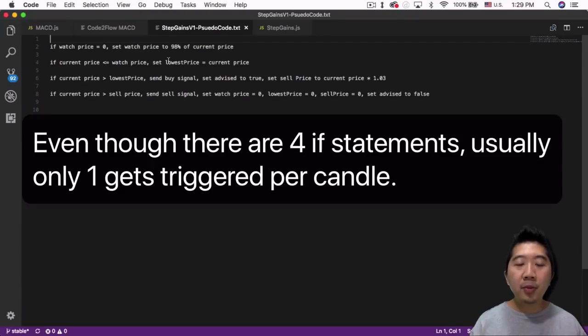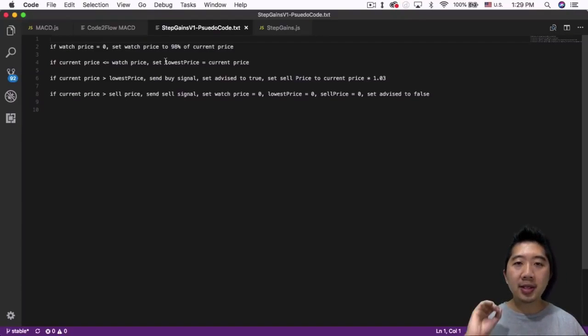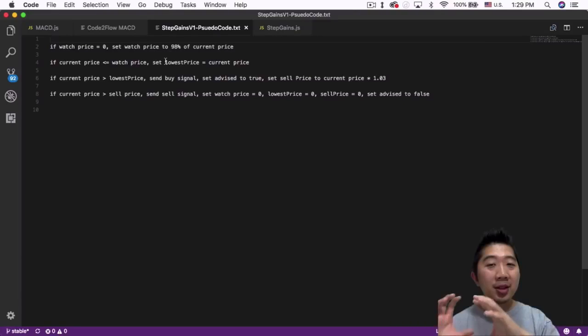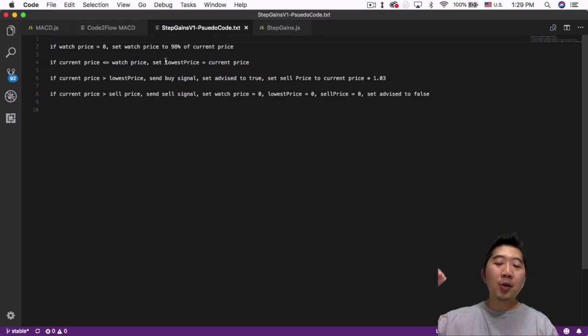The next thing is, if the current price is less than or equal to the watch price, set the lowest price equal to the current price. So if the current price now drops to the watch price, we set the lowest price equal to the current price. Now we know that from where we started, it has hit the lower price that we want, which is 2% lower. So this is good.